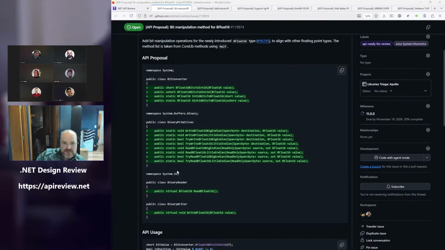So personally, the binary primitives feel fine and consistent. And then somewhere as we cross the line into I/O, do we have a sense of when we think we do and don't want to add things to binary reader?